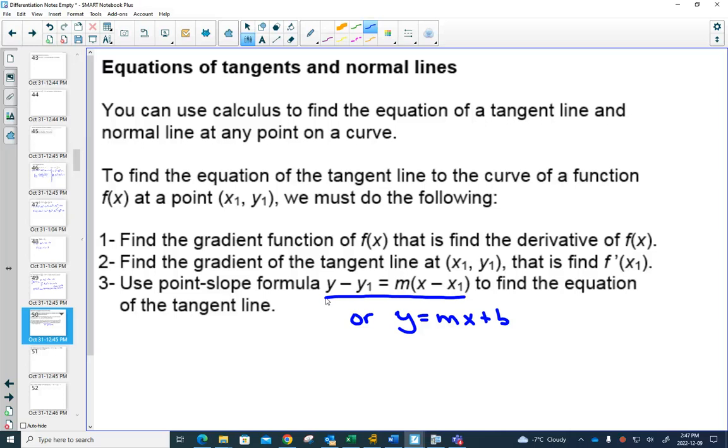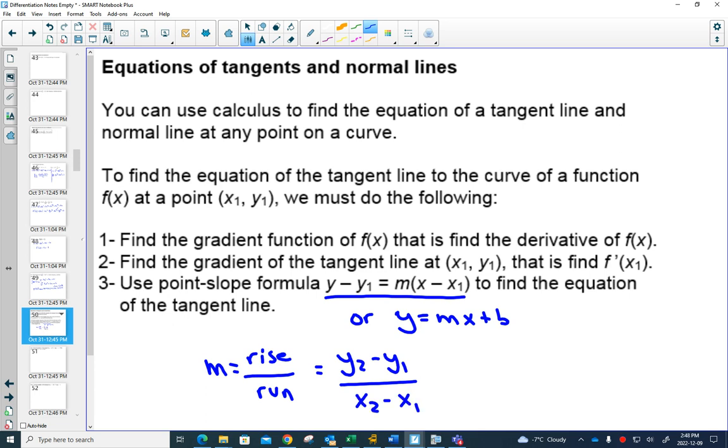Do you remember that slope is rise over run? So if slope is rise over run, and rise is your difference in your y values, this is your slope formula. You might remember that.